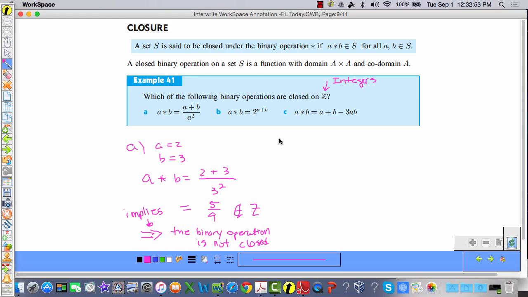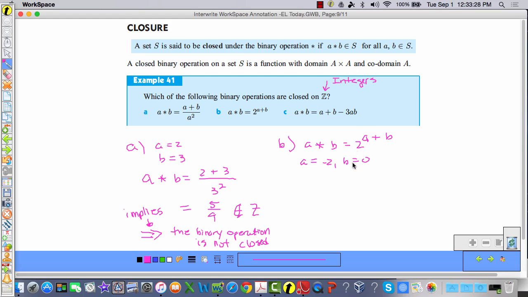So let's take a look at B. What about a star b equals 2 to the a plus b? So a star b equals 2 to the a plus b. So you might think, oh, well, if I raise 2 to the sum of integers, I'm going to get an integer. Well, that might be true for the positives, but let's say, I don't know, let's say that a is equal to -2 and b is equal to 0.